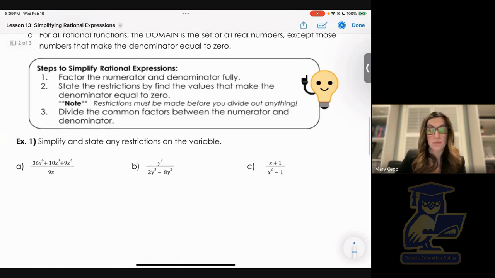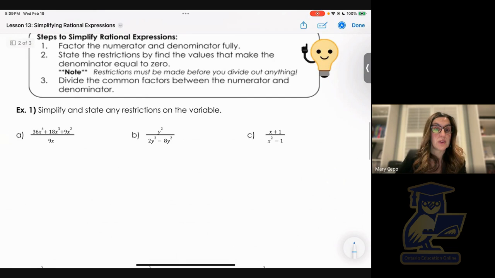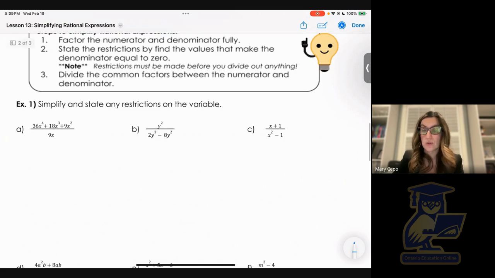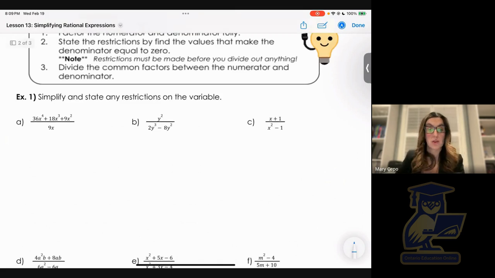And divide the common factors between the numerator and the denominator. So let's look at example 1. We want to simplify and state any restrictions on the variable. So we have 36x to the power 4 plus 18x cubed plus 9x squared, all divided by 9x. Looking here, we see that the denominator is 9x.